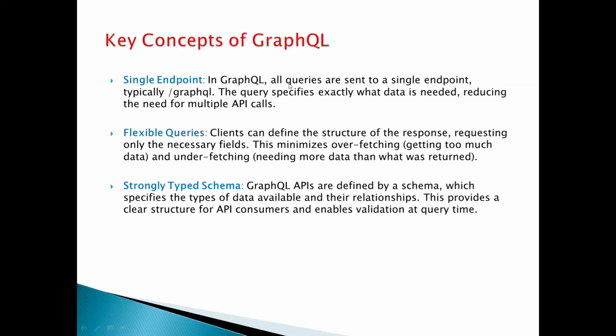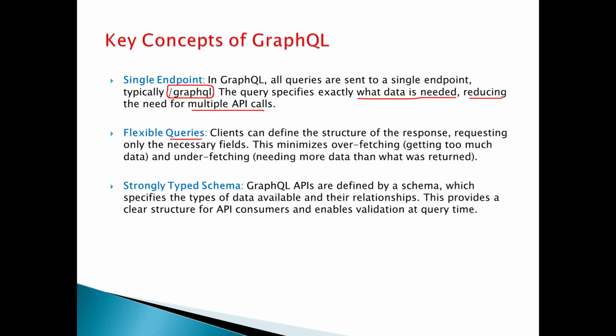In GraphQL, all queries are sent to a single endpoint. The endpoint definition is slash graphql. Using only this endpoint you can make whichever APIs you want. This query specifies exactly what data is needed, reducing the need for multiple API calls. You don't need to define multiple endpoints. By using this query, you will get the data here.